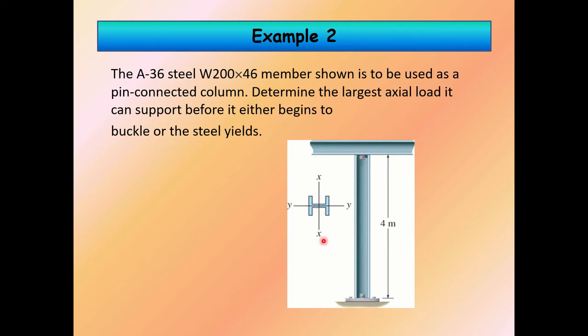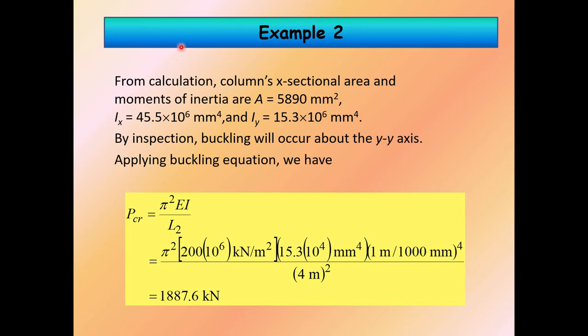This is the x-axis, this is the y-axis, with length 4 meter. For calculation, the column cross-section area and moment of inertia are: this is the area value, this is the inertia at the x-axis, this is the inertia at the y-axis. By inspection, buckling will occur about the y-axis.